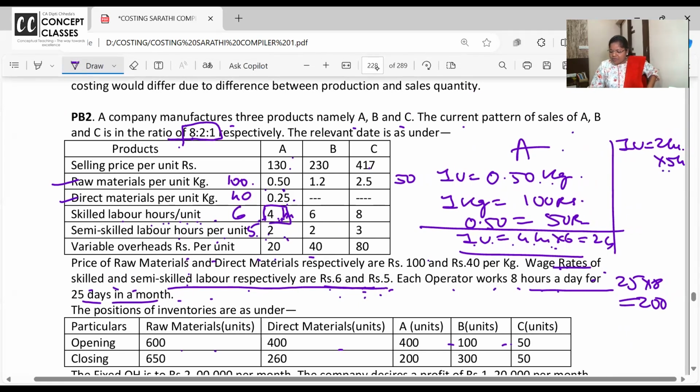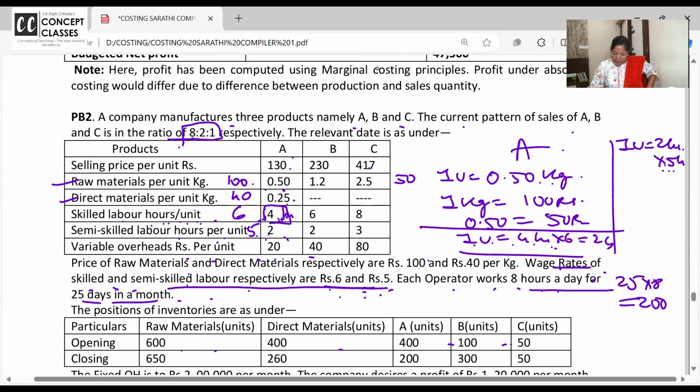And 5 rupees per hour is the rate. So एक यूनिट के लिए कितना खर्चा है? 10 rupees. Take a pause. I want raw material, direct material, labor, variable overhead, all per unit, so that I get contribution per unit. उसके बाद तो problem is super easy.